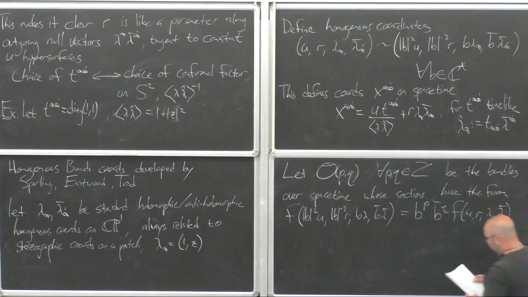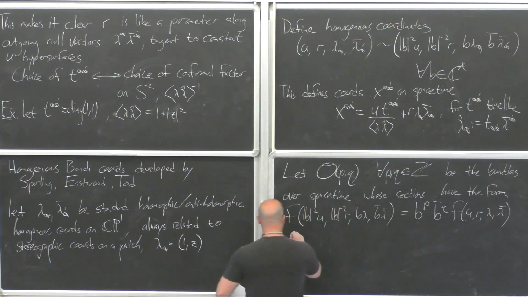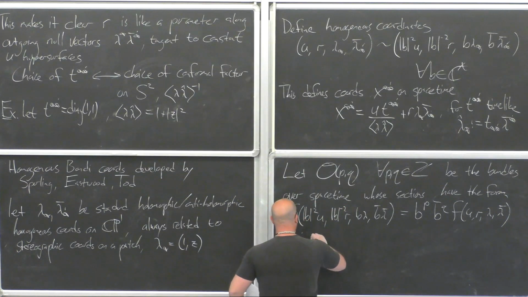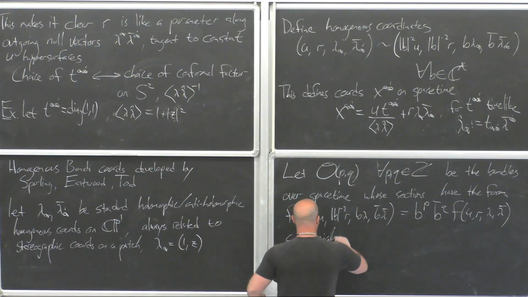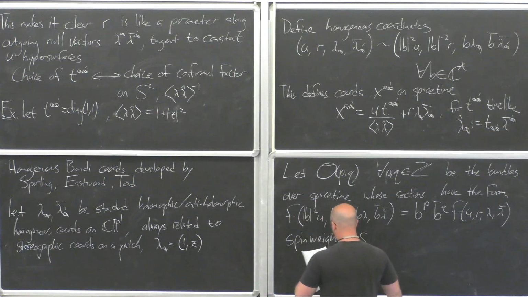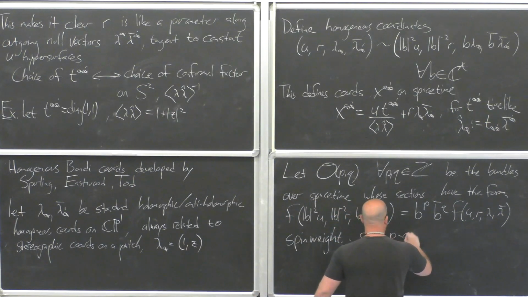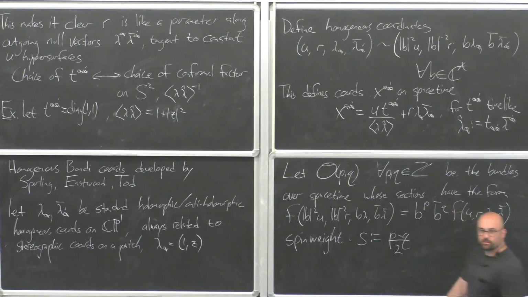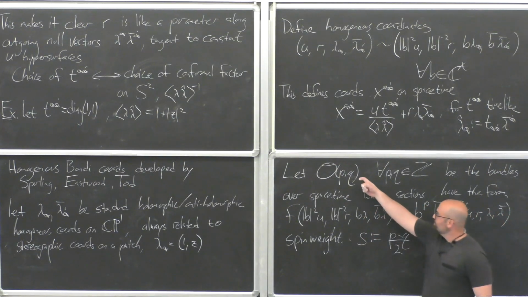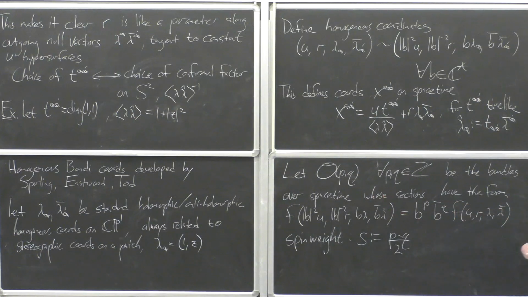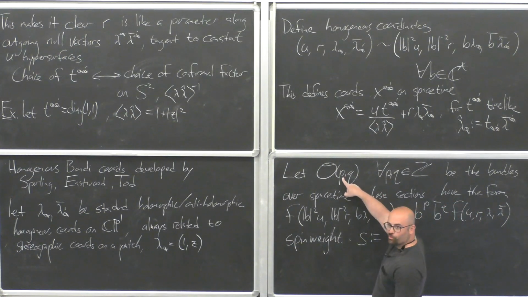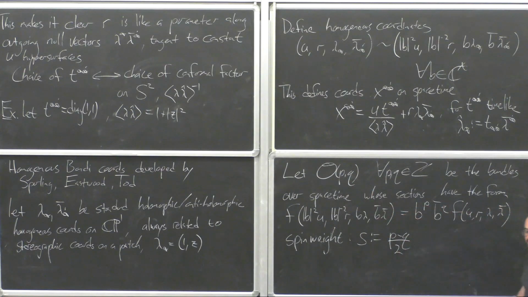Okay? So spin weight S is now just the difference P minus Q over 2. So a spin-weighted function is a section of one of these line bundles in this homogeneous coordinate system, and you read off the spin weight by looking at the holomorphic scaling weight and the anti-holomorphic scaling weight, taking their difference and dividing by 2.